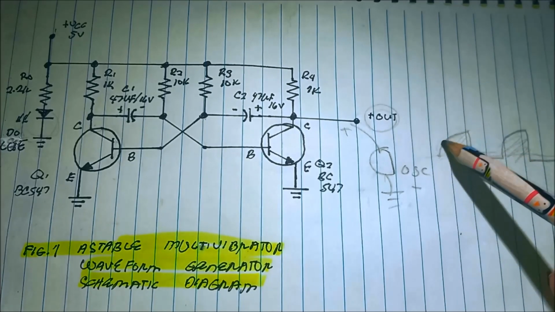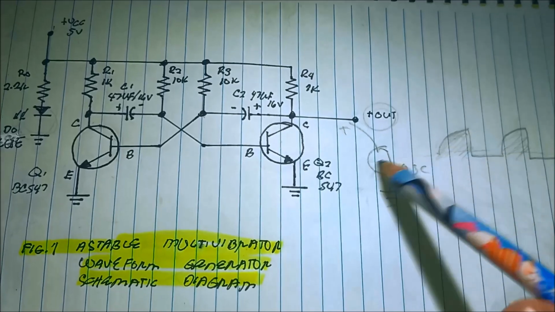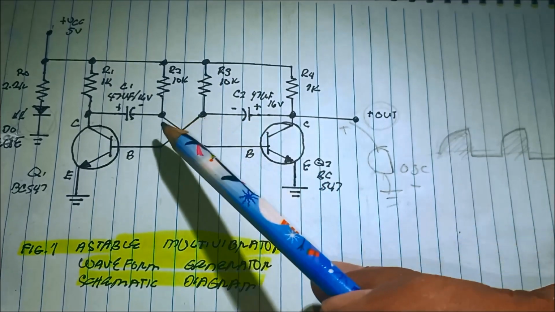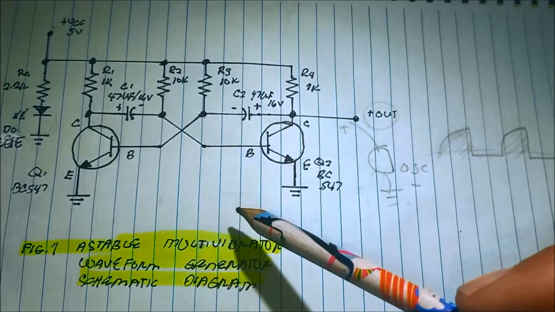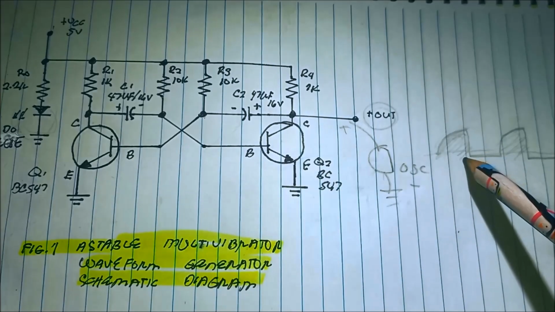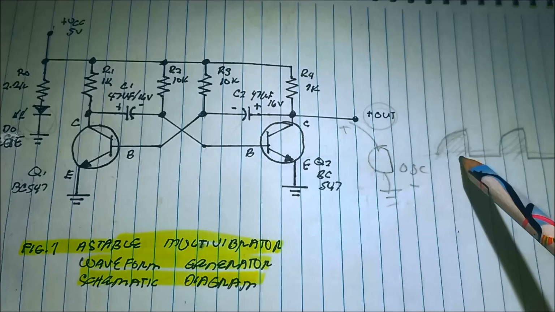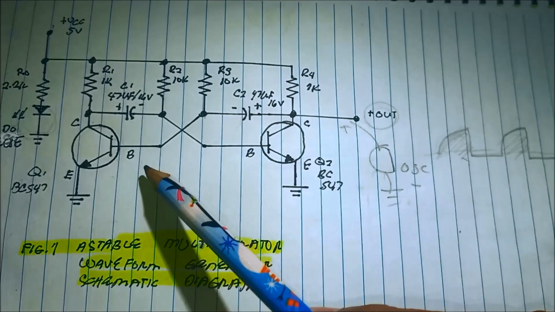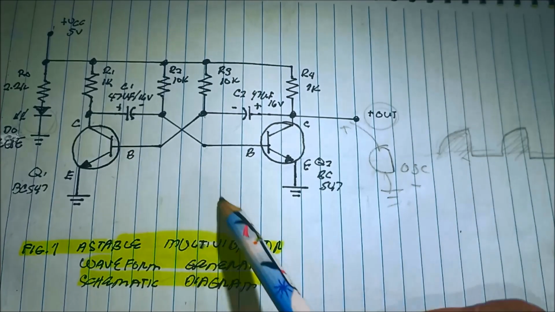This is due to the charging and discharging of the capacitor in the circuit. So this waveform is created because the circuit we have is an oscillator.